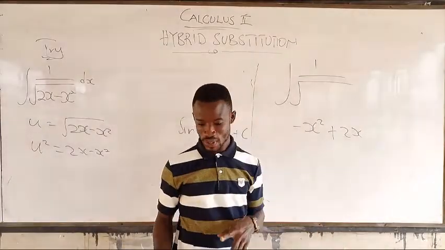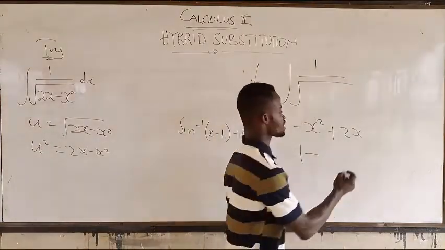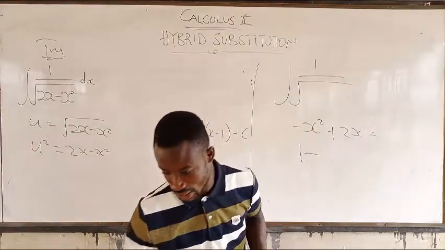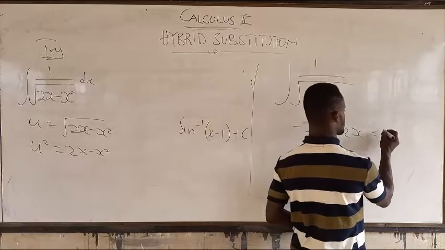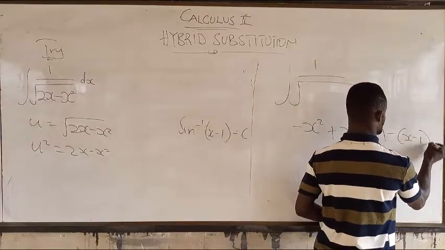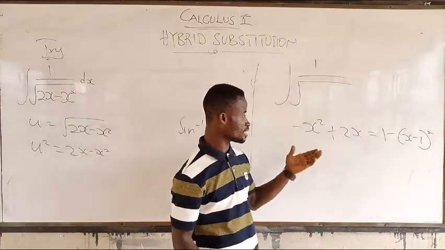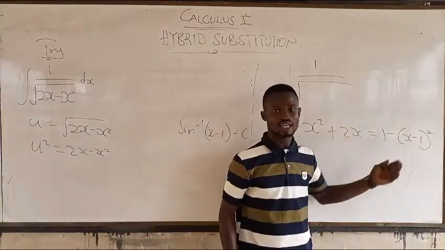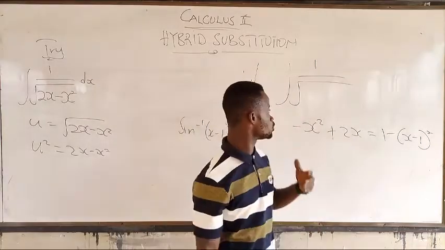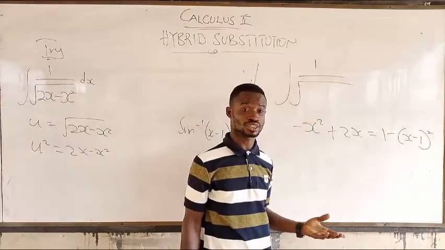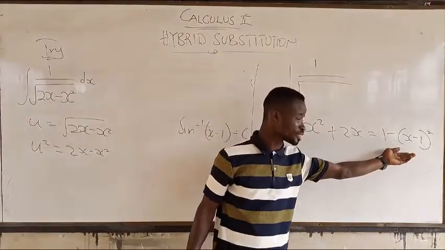When you complete the square, you are going to get something like 1 minus x minus 1 all squared. That is when you don't want to use the hybrid substitution, but you want to use u substitution.